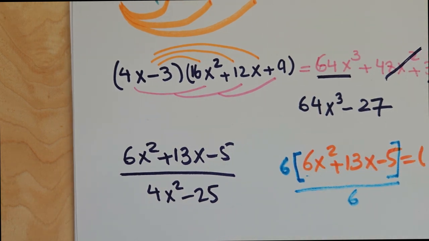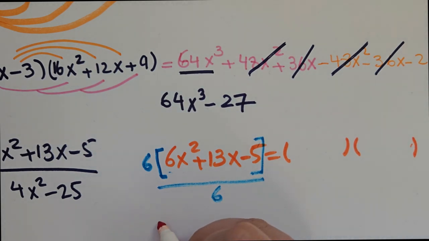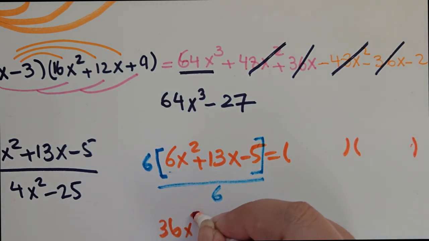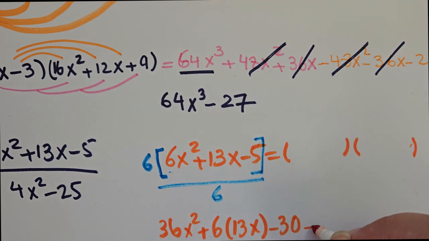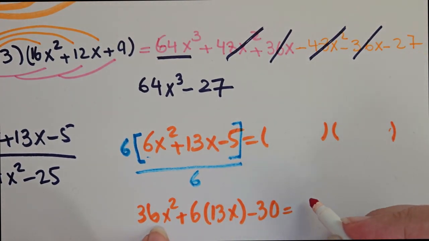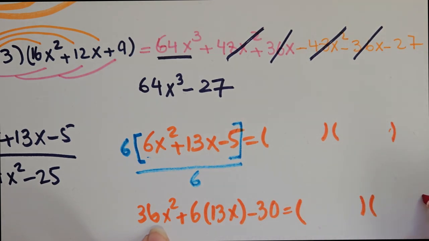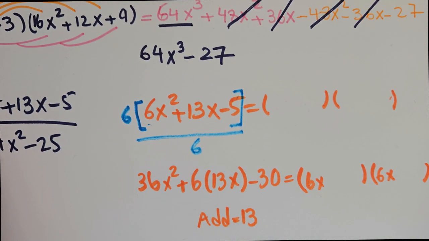Okay, so if I multiply everything by 6, this will turn into 36x squared plus 6 times 13x minus 30, right? So here, then you have a perfect square term. So you can break it out into two brackets, 6x and 6x. Then you're looking for two numbers which, when you add them, you get 13, and when you multiply them, you get 30.